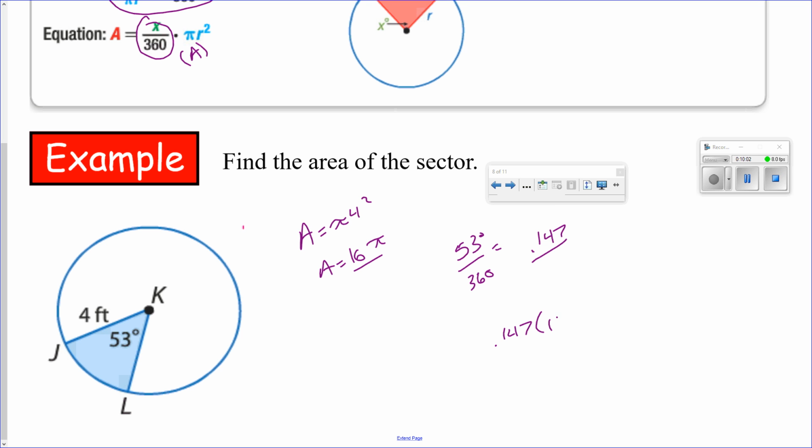So 0.147 times the 16 pi. Now you could go ahead and multiply by pi. So 16 pi times the 0.147, I get approximately 7.4 feet squared. Remember, we're still talking area, still squared. The units were feet, so we're in feet squared.